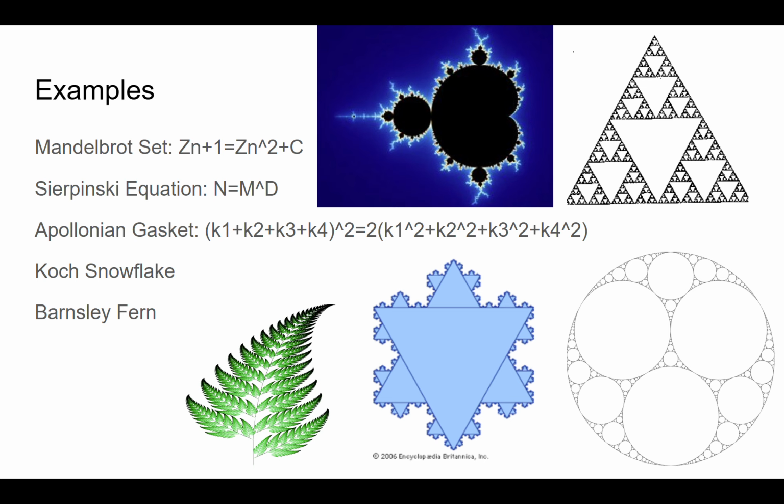The equation for this fractal allows us to calculate the radius of a new circle from the curvature of 3 known circles. It's also one of the earliest known examples of a fractal discovered. Other well-known fractals seen here include the Koch snowflake and the Barnsley fern.